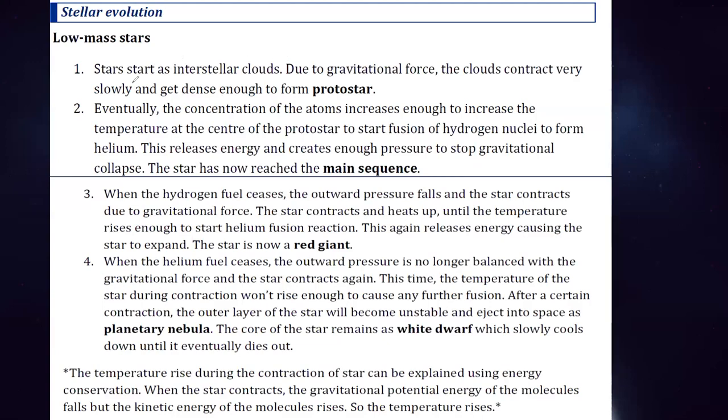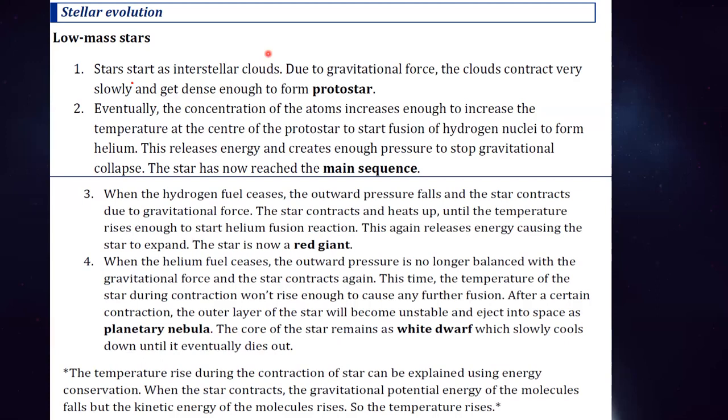First, what happened? This is the low mass star, like sun-like stars. The stars start as an interstellar cloud, as we discussed. What is the meaning of interstellar cloud?